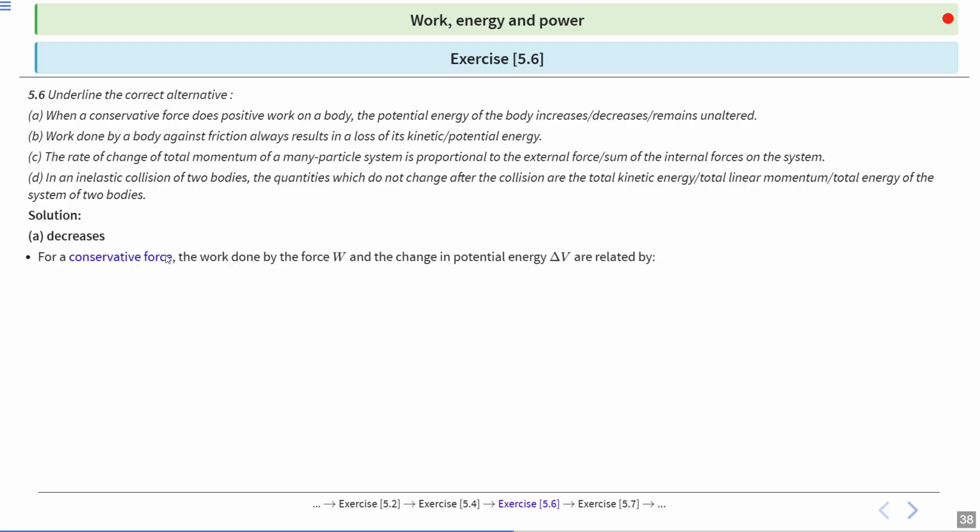For a conservative force, the work done by the force W and the change in potential energy delta V are related by the relation W_C is equal to minus delta V. And when the work done by a conservative force is positive, so W_C is positive here. In that case, minus delta V is greater than 0. So delta V is less than 0.